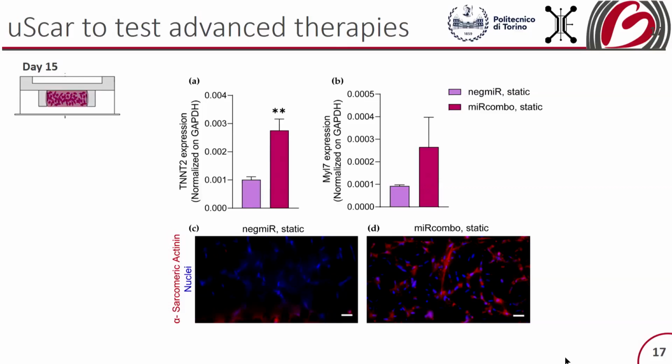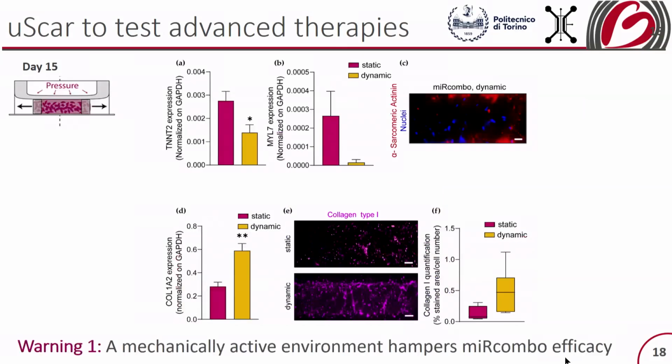So far, all good. What happened then if we apply mechanical stimulation, which is actually what it will be faced in vivo? Well, results at the beginning were a bit surprising, but actually what we could see is that when we apply mechanical stimulation, efficacy of this advanced therapy is not there anymore.